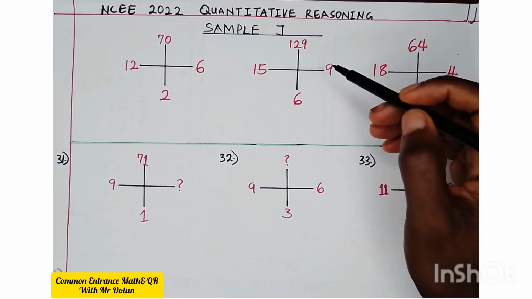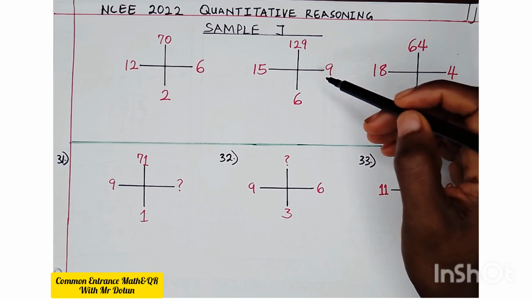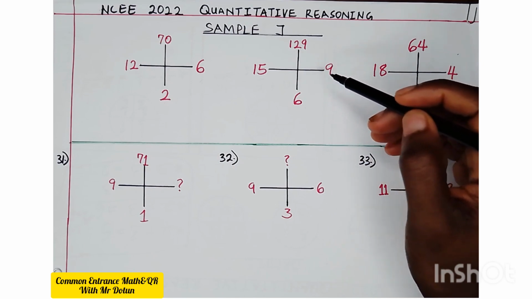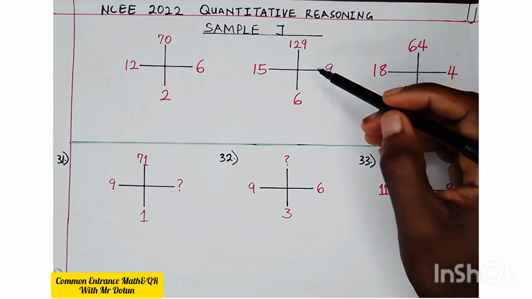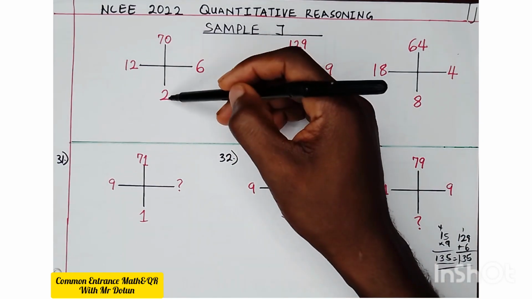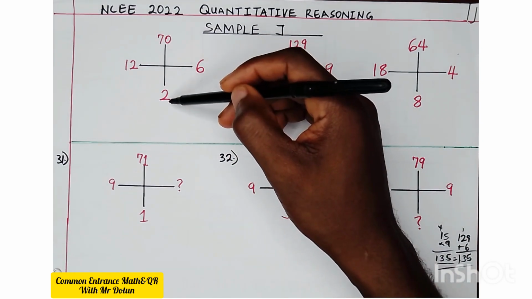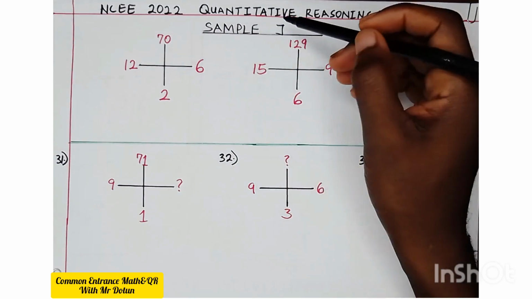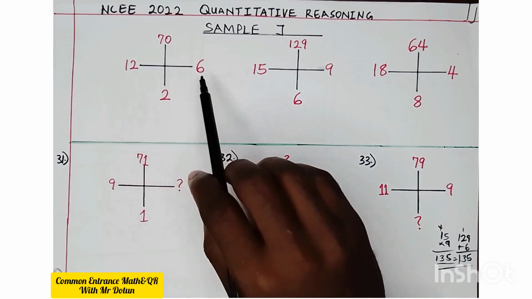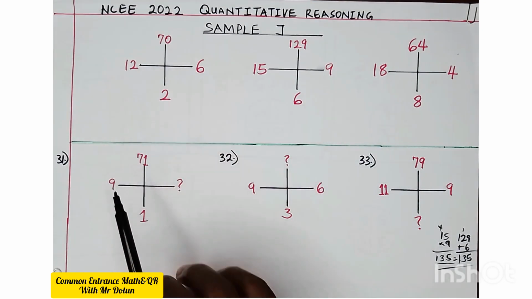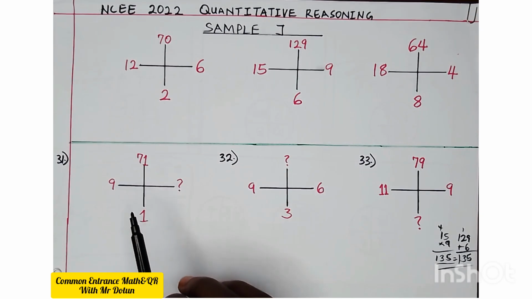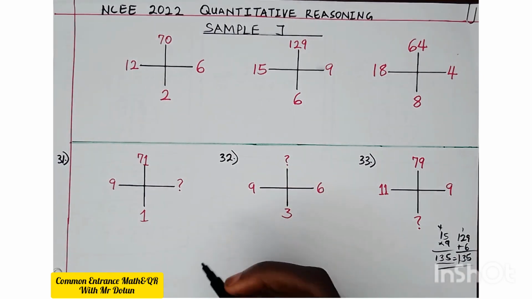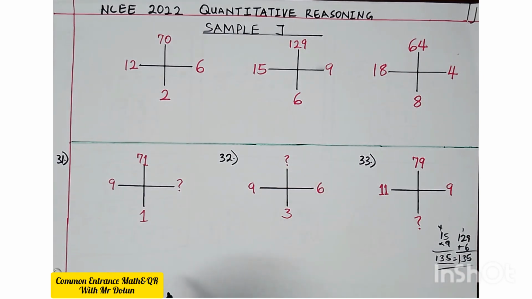Preparing for this exam, you have no option than to know your multiplication facts. Because when I did 70 plus 2 and got 72, I was able to connect it with my multiplication fact, knowing that 12 times 6 or 6 times 12 is 72.